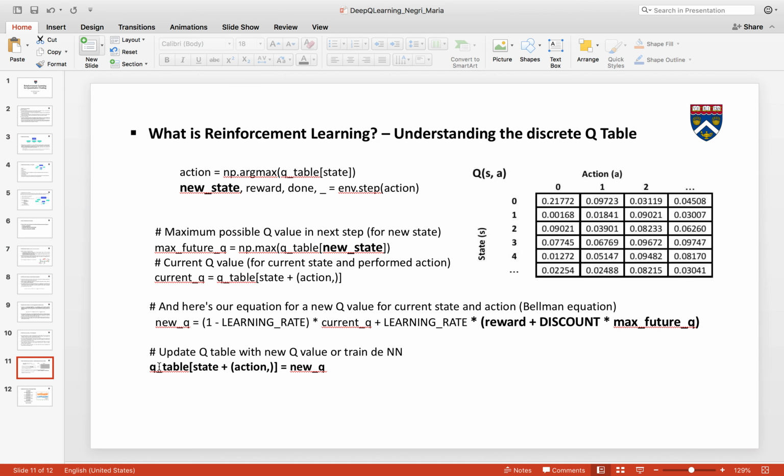In order to have a better understanding of how the model works, we thought it would be useful to describe a discrete version showing how the Q values are updated. That is, for a given state, the agent looks at its current Q table and performs the action corresponding to the highest Q value. Afterwards, the environment replies by showing a reward and the new state.